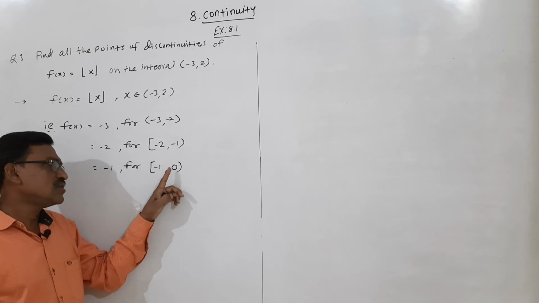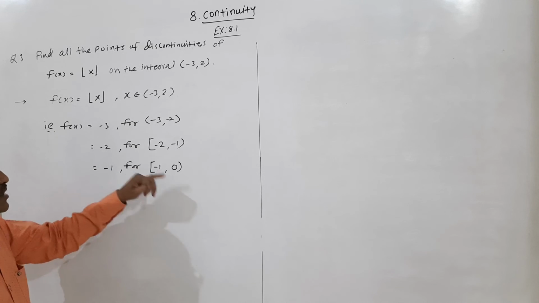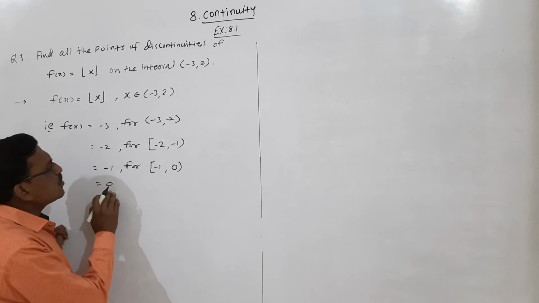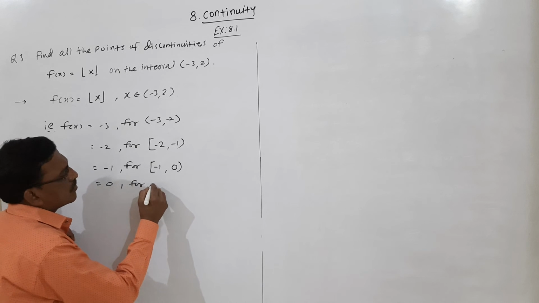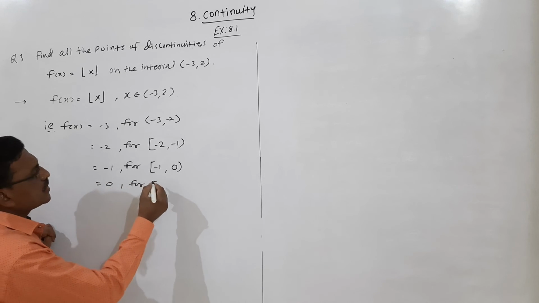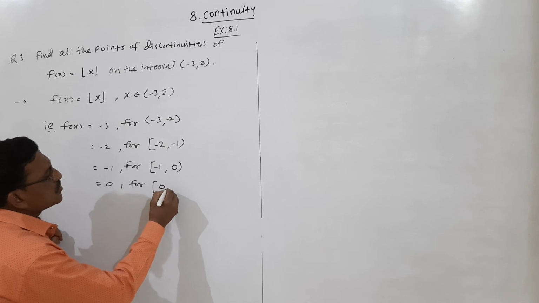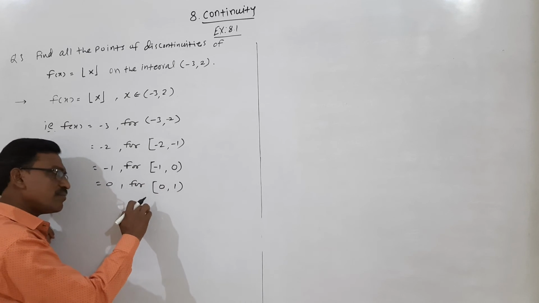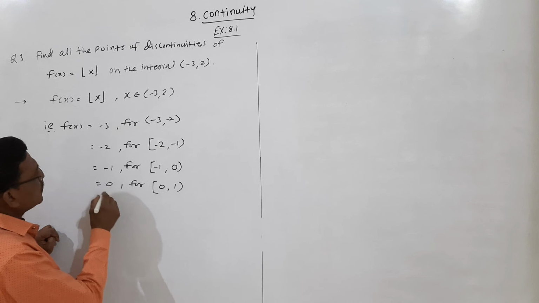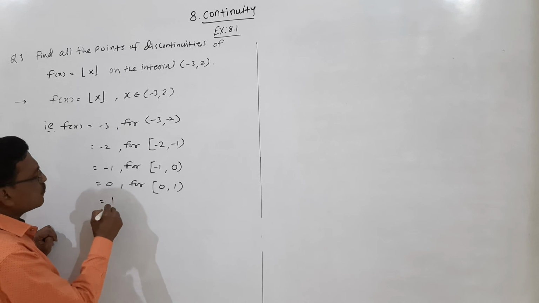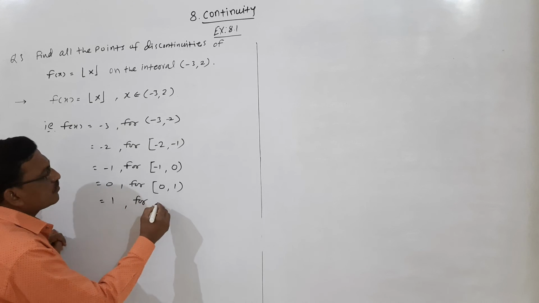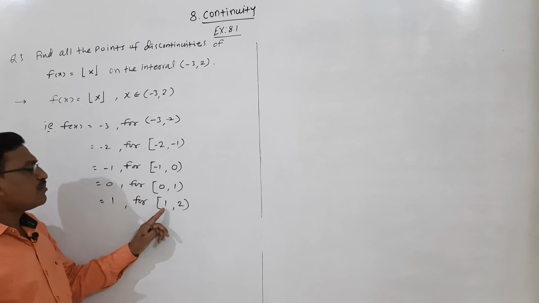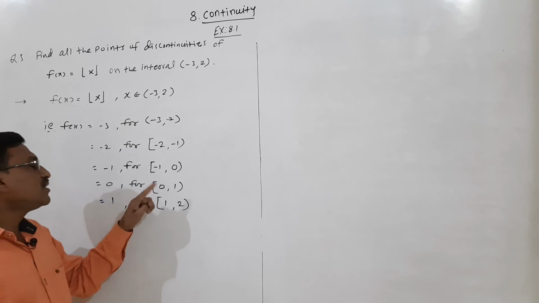The value of this function is 0 for the interval [0, 1), greater than or equal to 0 and less than 1. And the value of this function is 1 for the interval [1, 2), greater than or equal to 1 and less than 2.